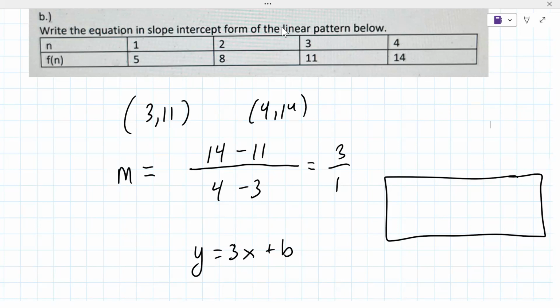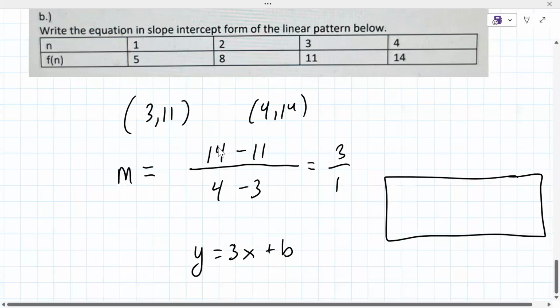Well, wouldn't that look like 11 equals 2 parentheses 3 plus b? Which ordered pair are you using? This one. 3, 11? Yes.